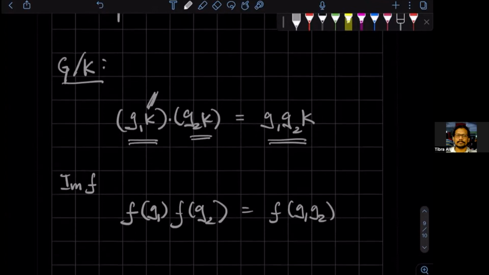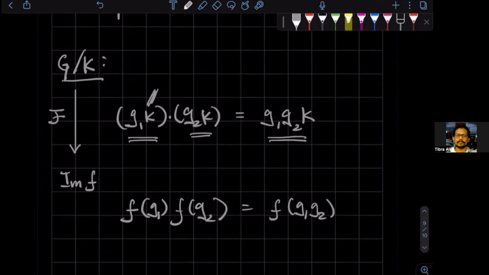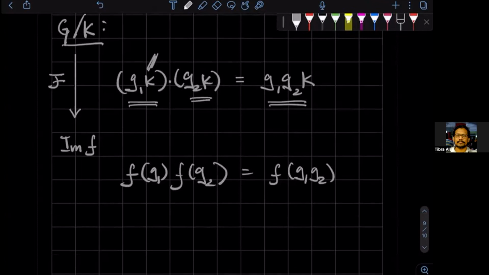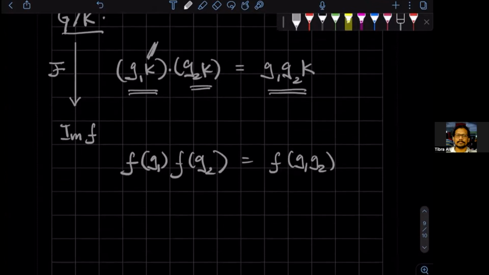So we see that the map that we are constructing between these two spaces, you might call it big F, preserves the group structure, right? So we see that it's a one-to-one and onto map, and that it preserves the group structure, and therefore it's an isomorphism, okay?